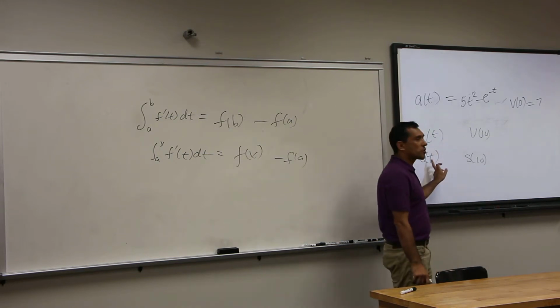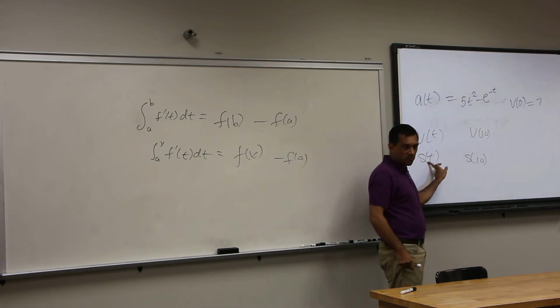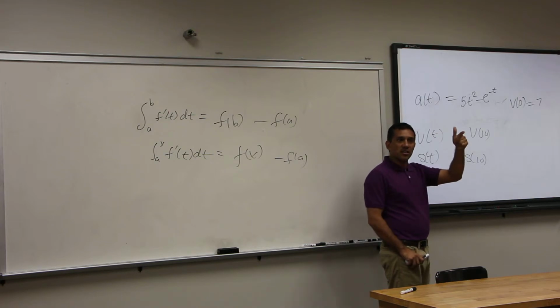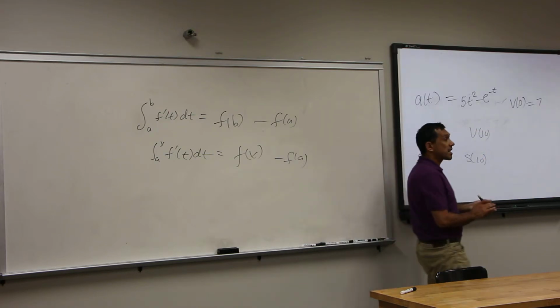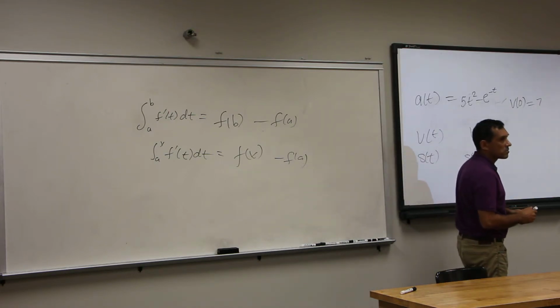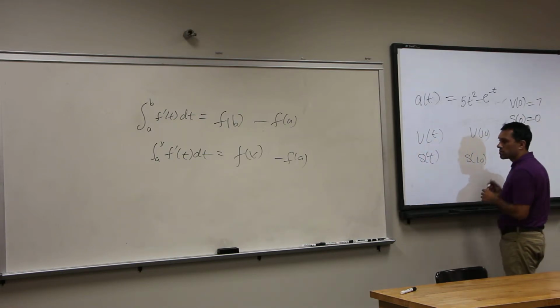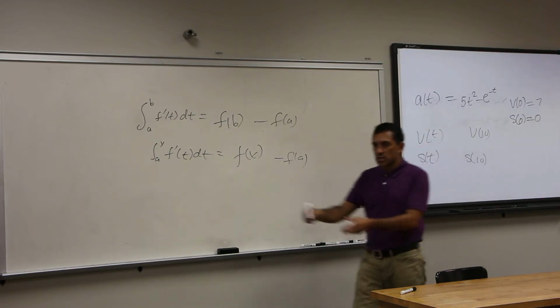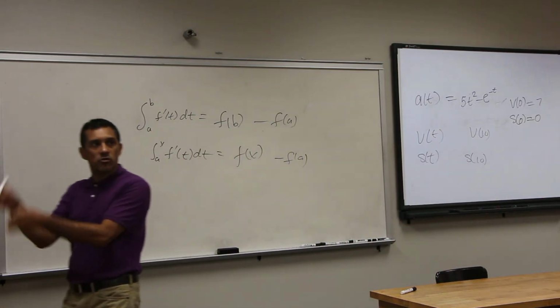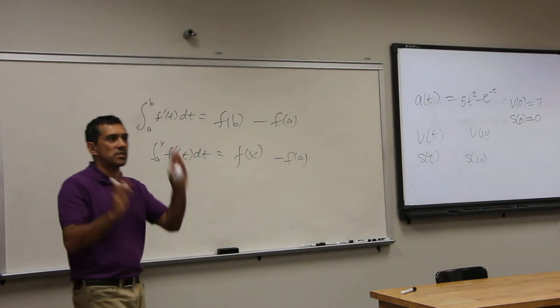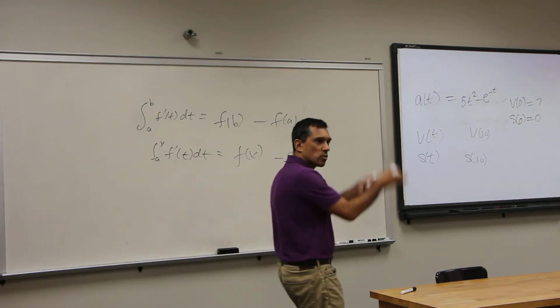You integrate that, you're going to pick up the position up to a constant. Then he said, well, no, actually, I do know the initial position also. Initially, you were at the origin, the point of reference, the beginning. Why would you want to begin somewhere else?